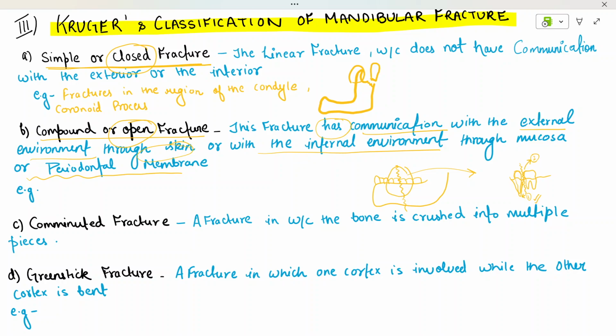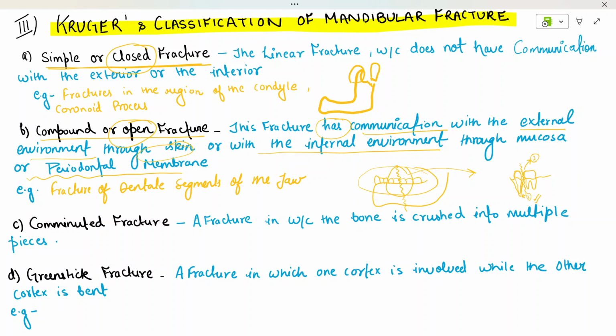Under this, the example is fracture of the dentate segments of the jaw, that means all these segments bearing teeth. If a fracture occurs in this region, then it comes under compound or open type of fracture. I hope it is clear till now what is simple and what is compound.